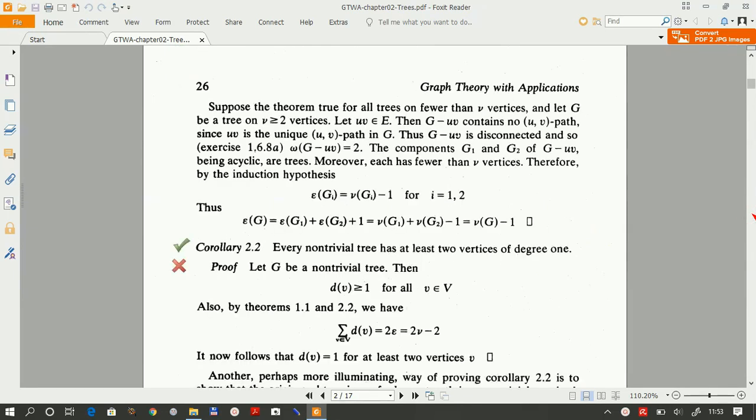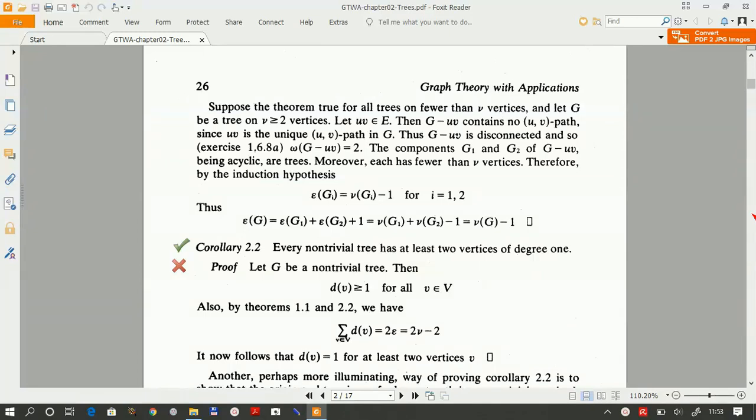How can we have an idea of this? Just think of, as I do at the blackboard, summing up all the degrees d of v1, d of v2, and d of vn, and assume that it's not true what we state in the corollary. That is, that the degree of v1 is greater than or equal to 2, same for degree of v2, same for the degree of vn.